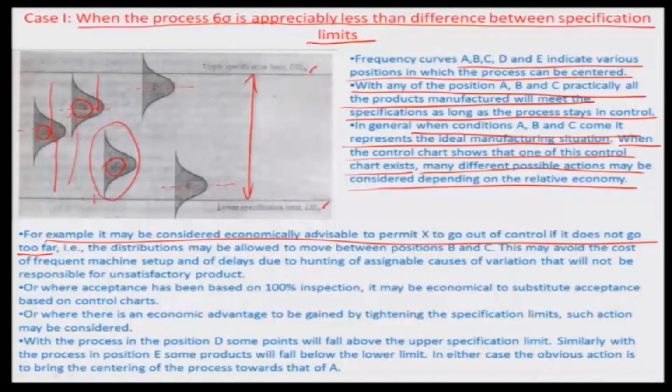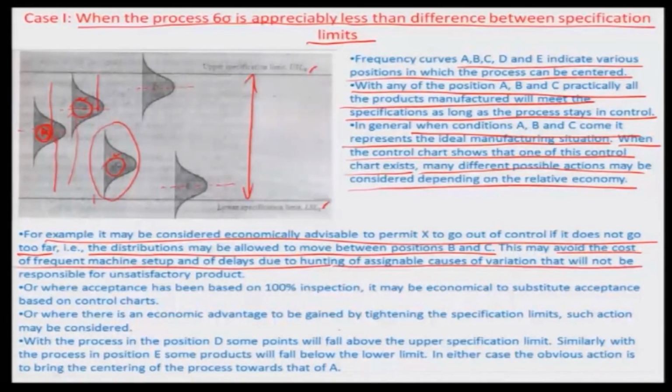So the distributions may be allowed to move between positions, in fact B and C, if we are talking about the process mean and the spread of the process A. This is just to avoid the cost of frequent machine setup and of delays due to hunting for assignable causes of variation that will not be responsible for unsatisfactory product, or where acceptance has been based on 100% inspection, it may be economical to substitute acceptance based on control charts.